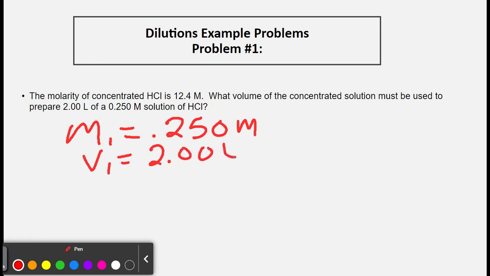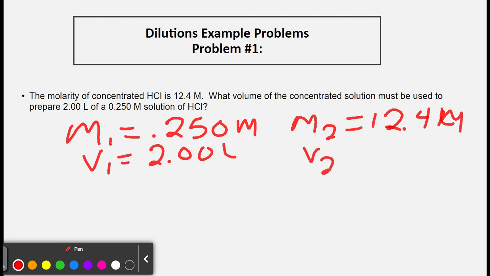Now, it doesn't really matter which one's M1 and what is M2, as long as you have them paired correctly, the answer will come out to be the same. So I'm going to say M2 is my 12.4 molarity, and then V2 is what I'm going to be looking for in the end.